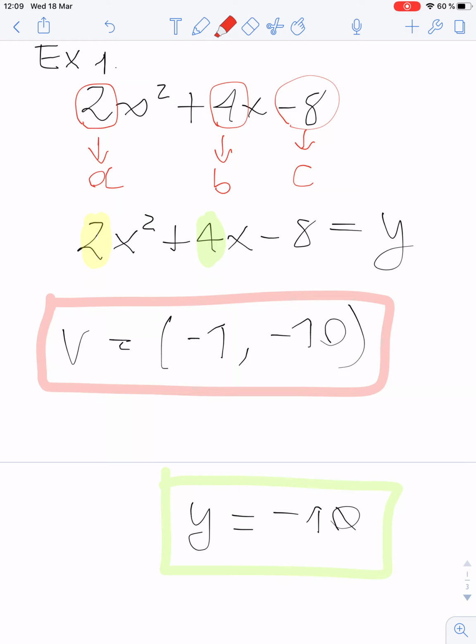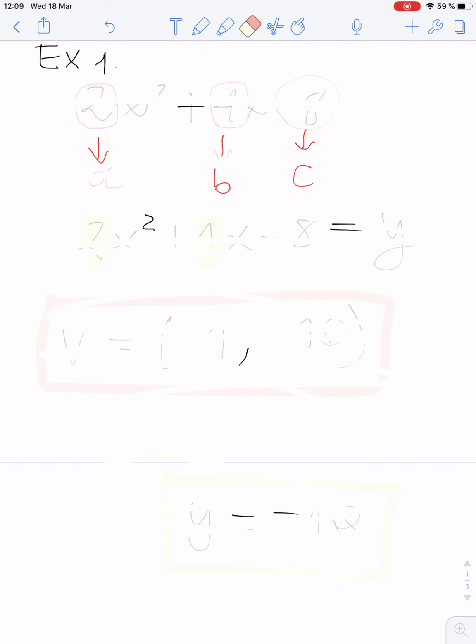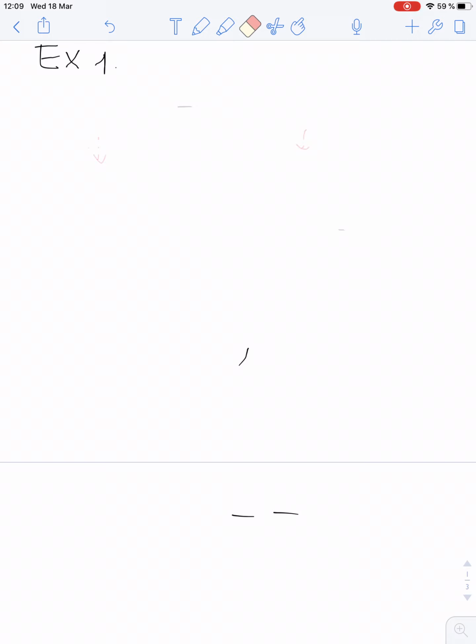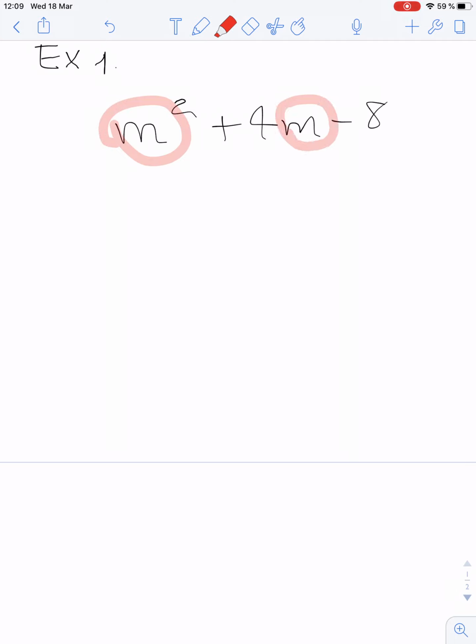I'm going to clarify something about the variables. When you have a quadratic equation, for example, instead of writing x, I can write m to the power of 2 plus 4m minus 8. Independent of the variable we are using, it is equivalent to having the x.